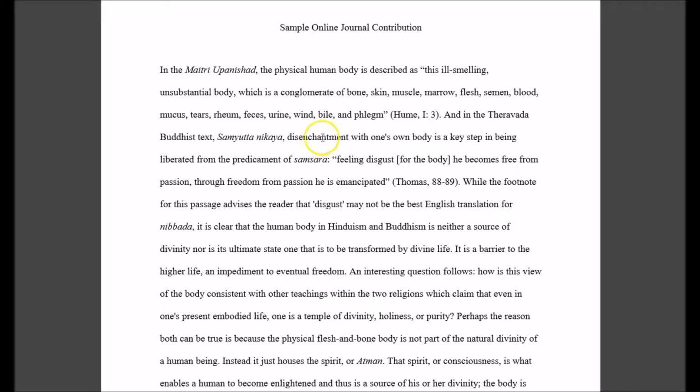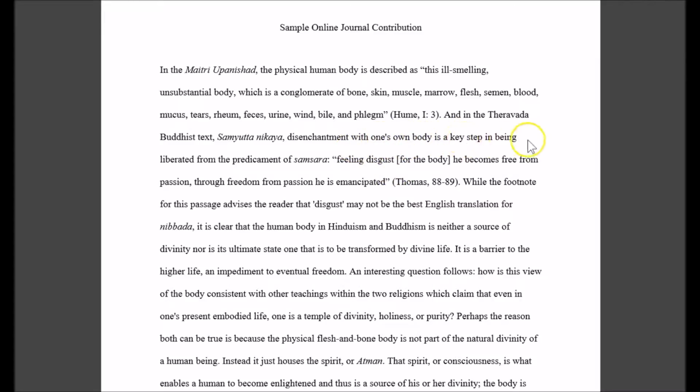And notice that her interpretation of the quote is already started in the way that she leads into the quote. Because she says, this is what this text is saying, disenchantment with one's own body. Look, feeling disgust for the body. You see how that is a way of glossing what disgust might mean. Okay, and there's going to be more about that here in just a moment.